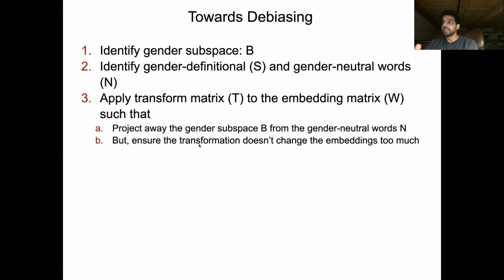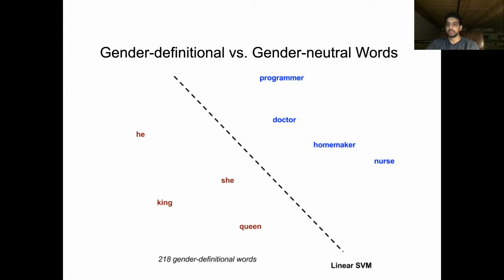The alternative thing, of course, is that you don't want this debiasing transformation to change the embeddings too much, right? Because you know that they contain some semantic information about what a doctor is and what a programmer is. You don't want to lose all of that by applying this debiasing strategy.